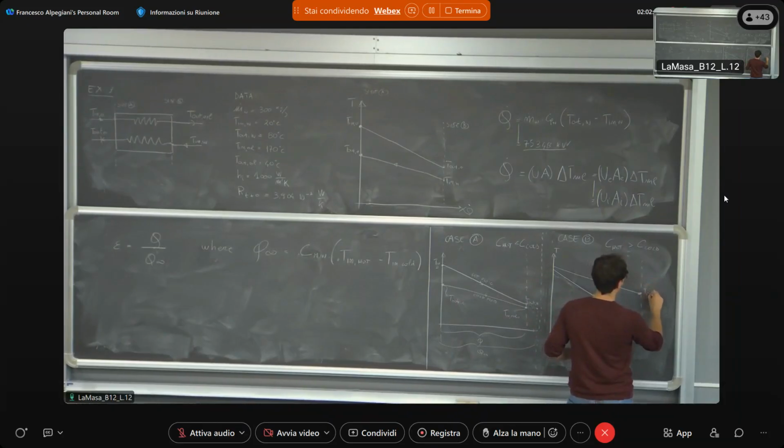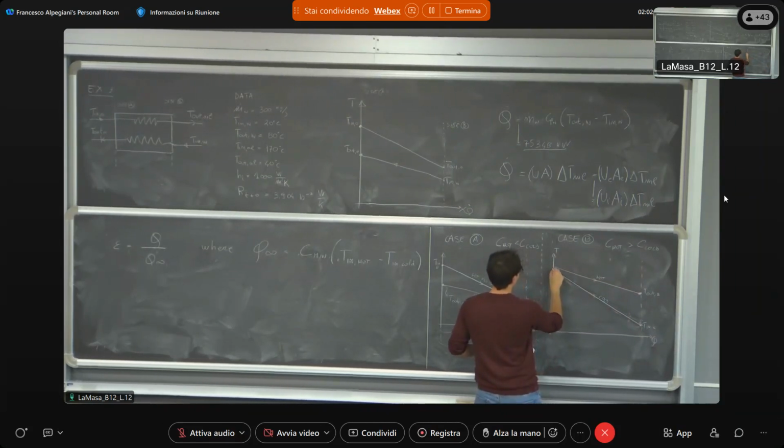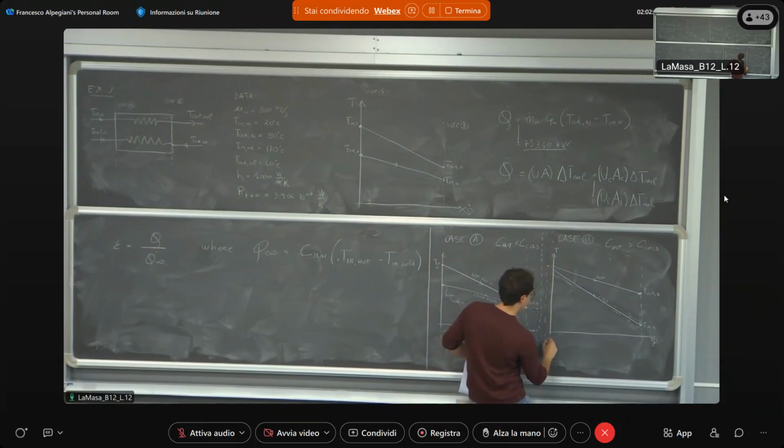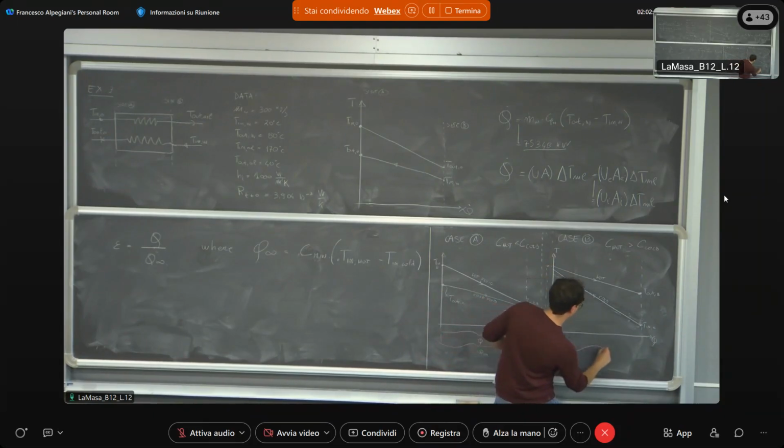T out hot, T in cold. And once again, in this case, with an infinite area, we reach the condition in which the cold fluid reaches the temperature of the hot fluid at the inlet. So this will be Q infinite, while this one will be Q, okay?